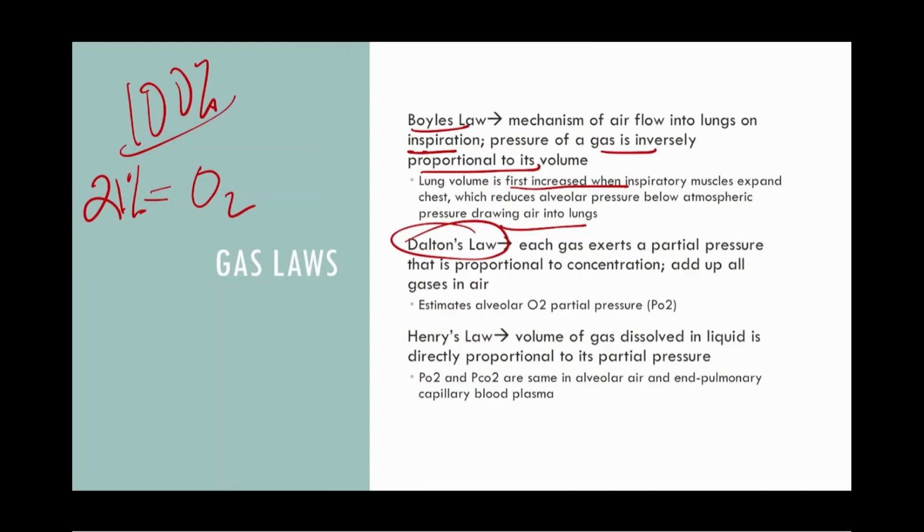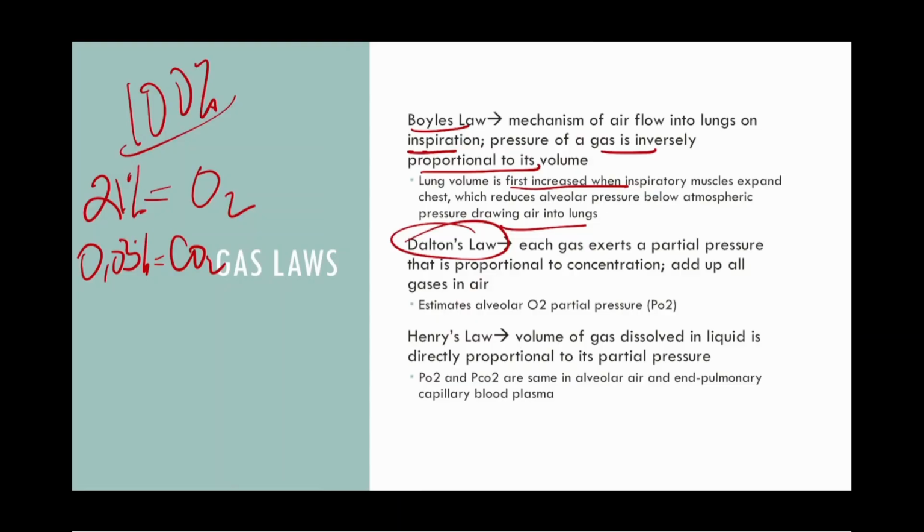What percent of the air in the atmosphere is CO2? 0.03% of the air is CO2. The rest of it is either nitrogen or water vapor, and other things in there too. But those are the key numbers.